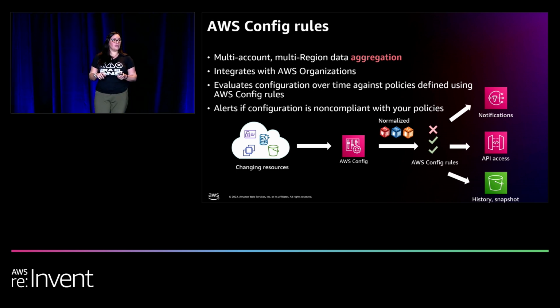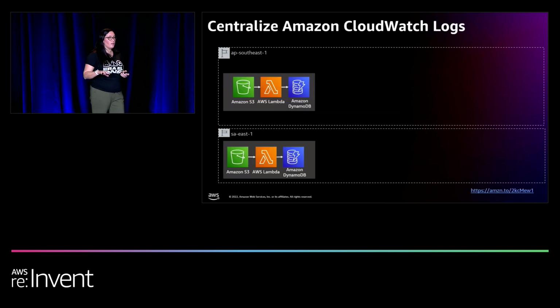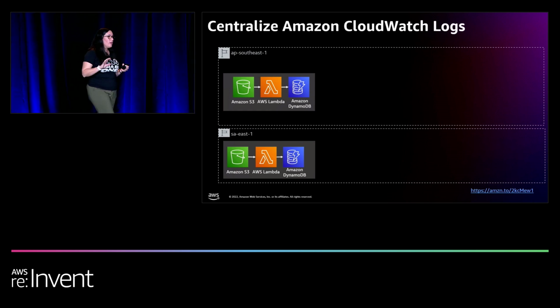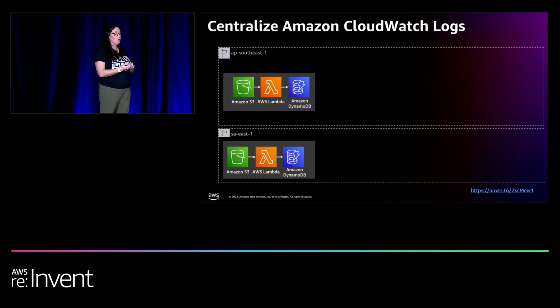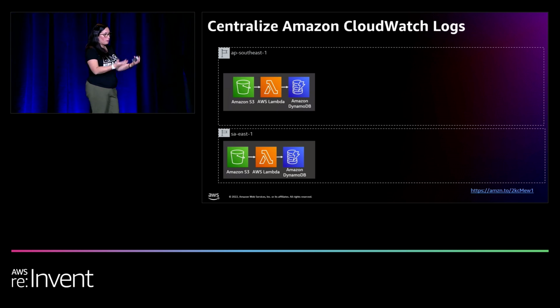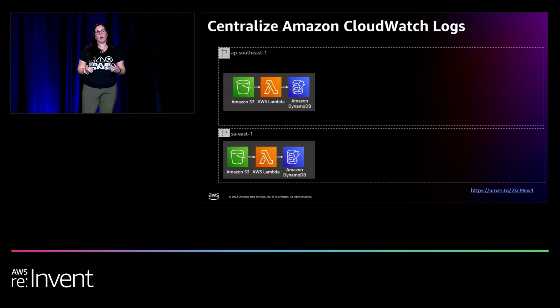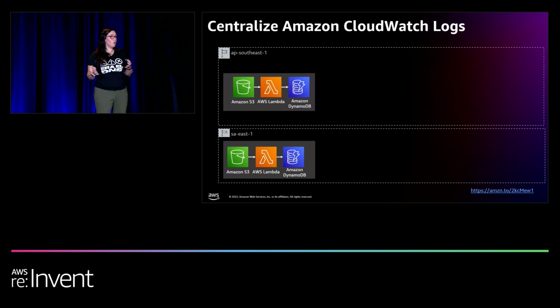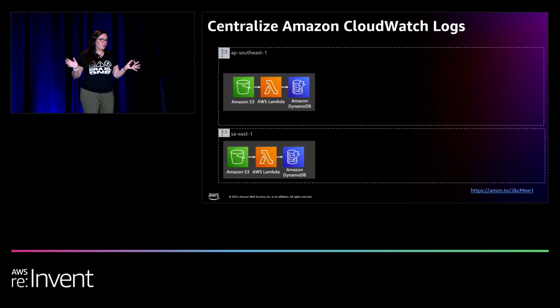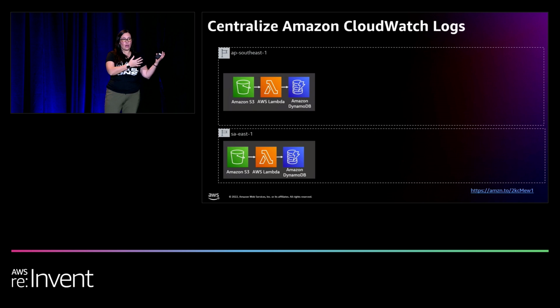Another thing developers need to be responsible for is observability. So make sure that you have some tools to observe your applications, instrument your applications, and then build some kind of tools to figure out what is going on. Until this re:Invent, we didn't have a way to centralize our CloudWatch logs in one region. Now we have that feature.